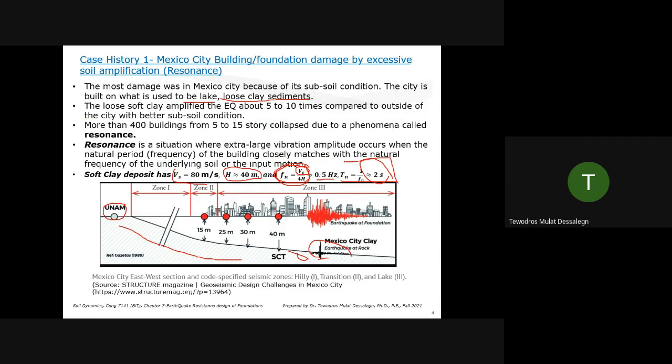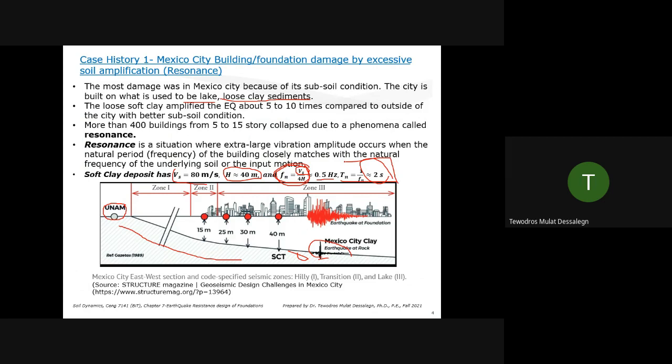Once you have a software model, they can do a fixed base or a spring base analysis and get the fundamental period of that building. Software can give you that easily: Etabs, SAP2000, easy. Once you have that, compare it with the soil. Are you close, within the resonance range?